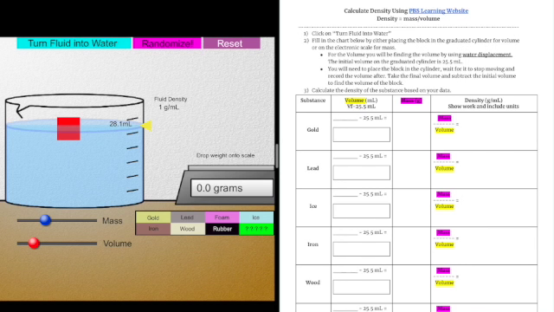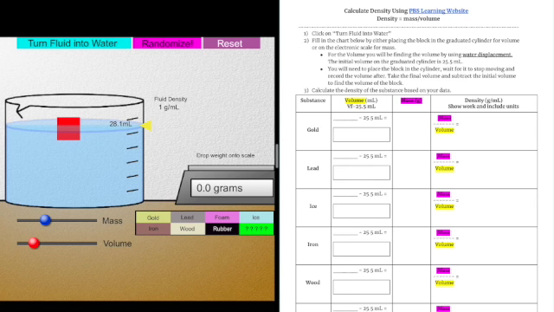You'll need to place the block in the cylinder, wait for it to stop moving, and record the volume after. Take the final volume and subtract the initial volume to find the volume of the block. Then calculate the density of the substance based on your data.